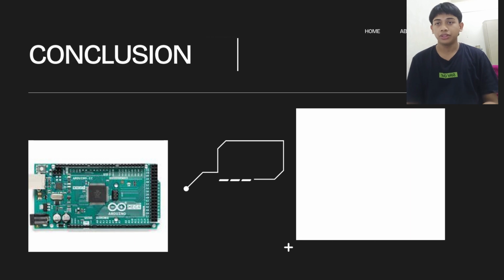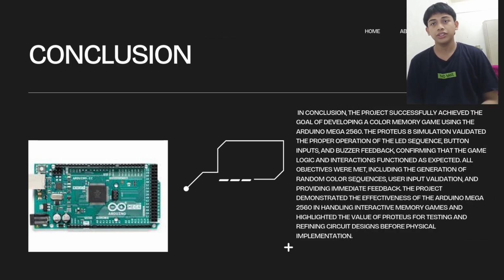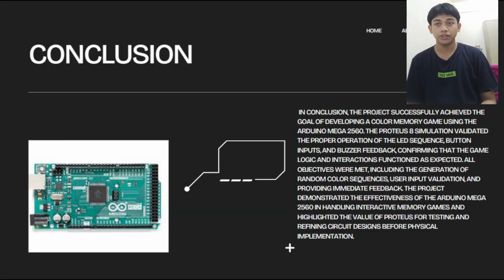In conclusion, the project successfully achieved the goal of developing a color memory game using the Arduino Mega. The Proteus 8 simulation validated the proper operation of the LEDs, button inputs, and buzzer feedback, confirming that the game logic and interaction functioned as expected.